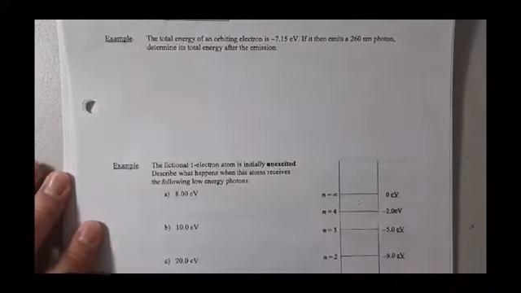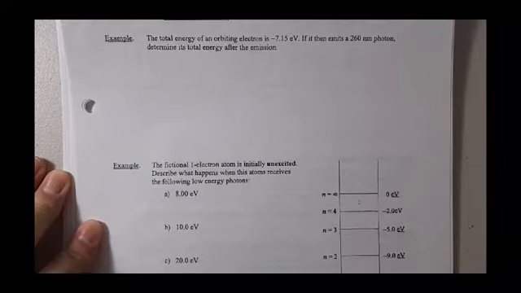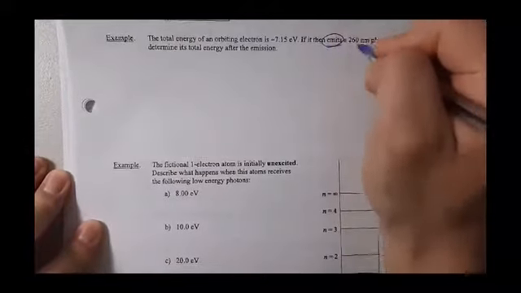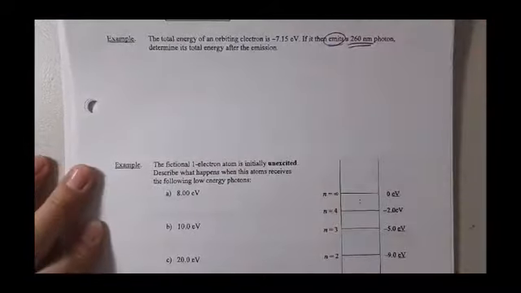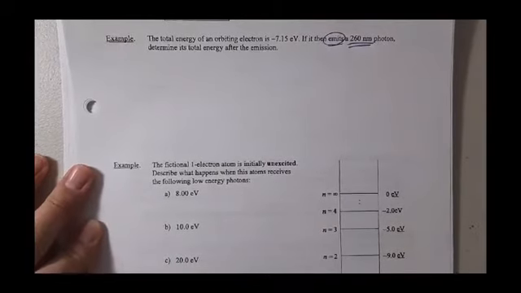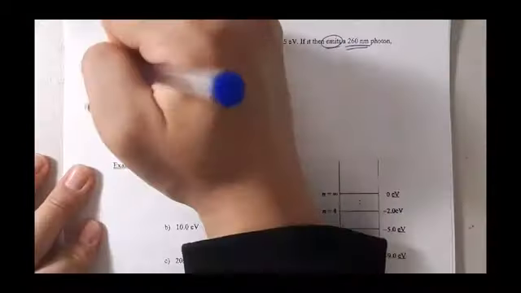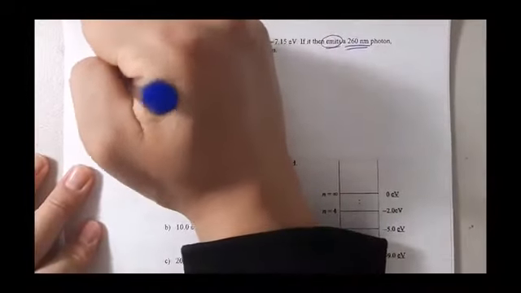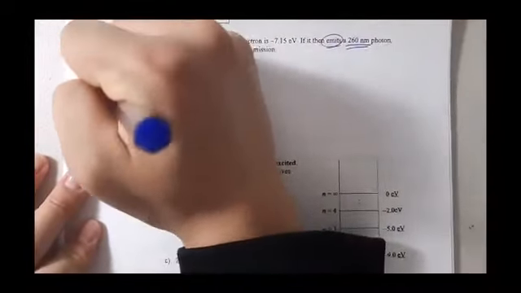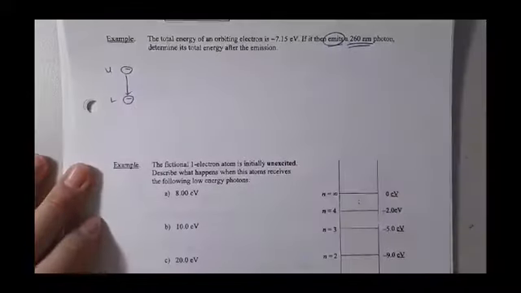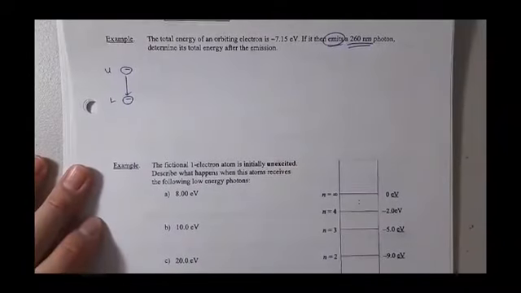So let's do the situation. The total energy of an orbiting electron is negative 7.15 electronvolt. If it then emits that much of a photon, determine the total energy after emission. First things first, we know that in order for the electron to emit, you're going from upper level to lower level. Have that in your mind first.